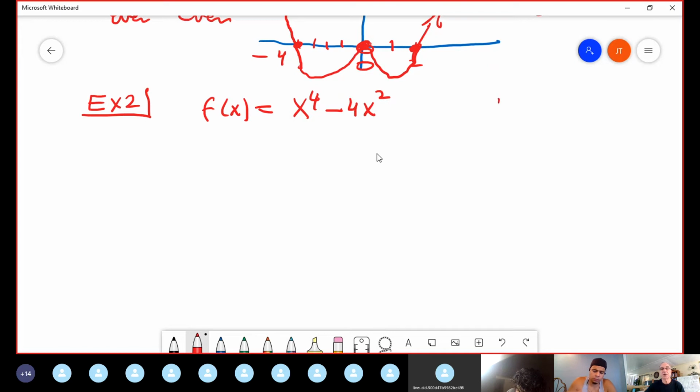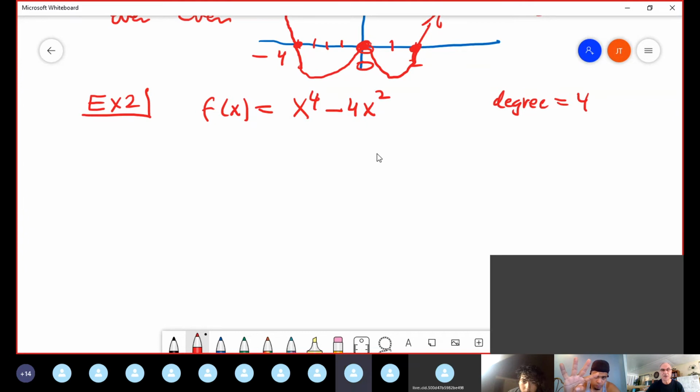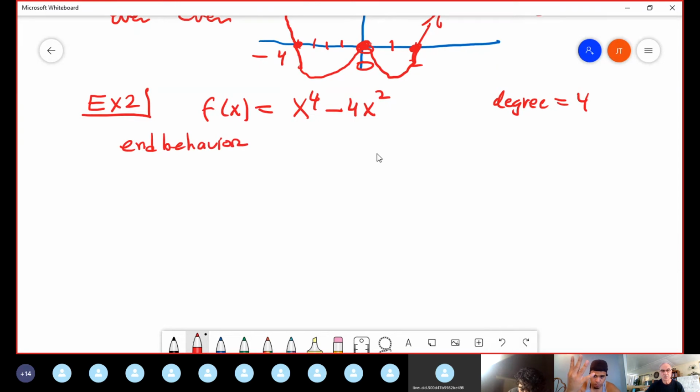Question number 1. What is the degree of this polynomial? 4. Very well. What is the end behavior expression? Help me.